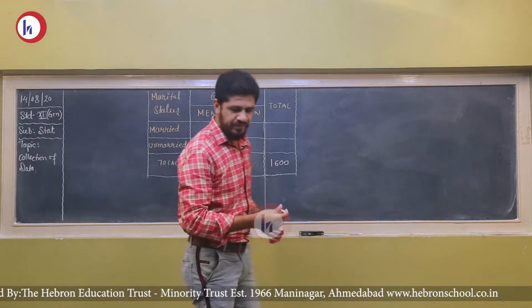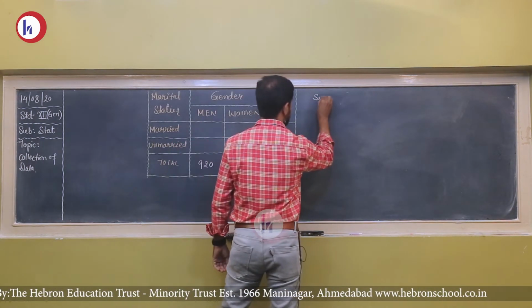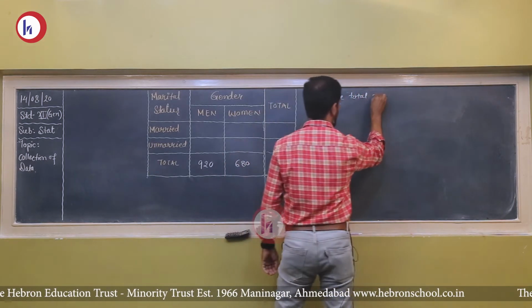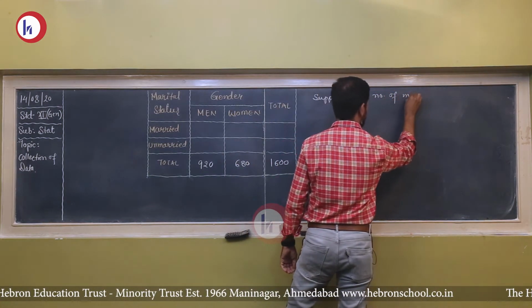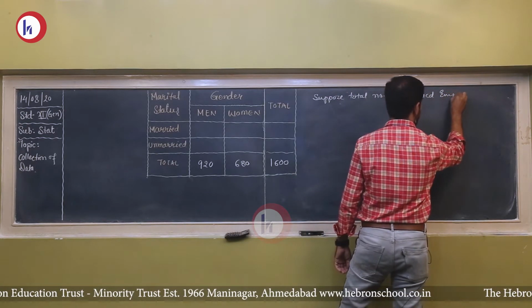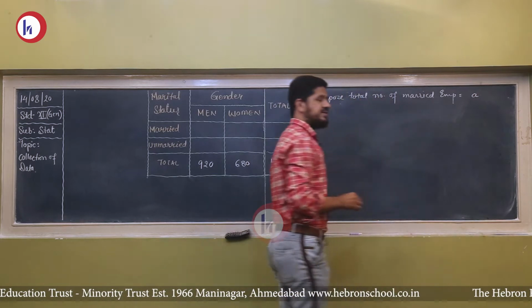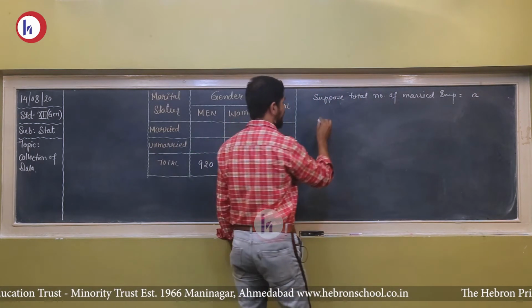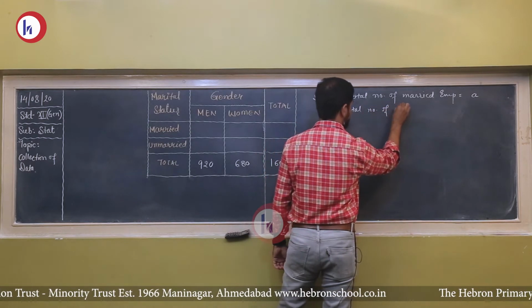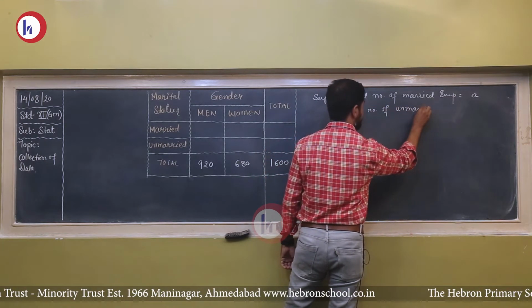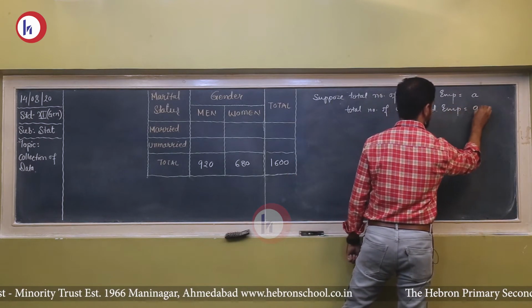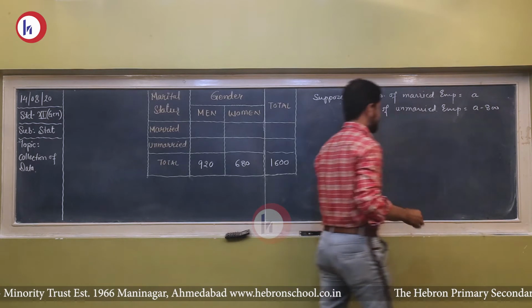So suppose the total number of married employees, let's assume it as A. Now the total number of unmarried employees will be A minus 800.